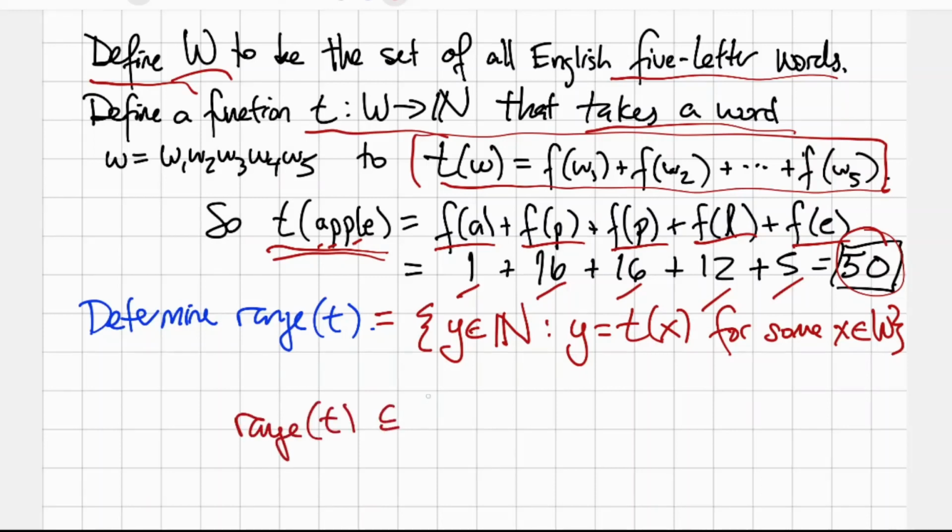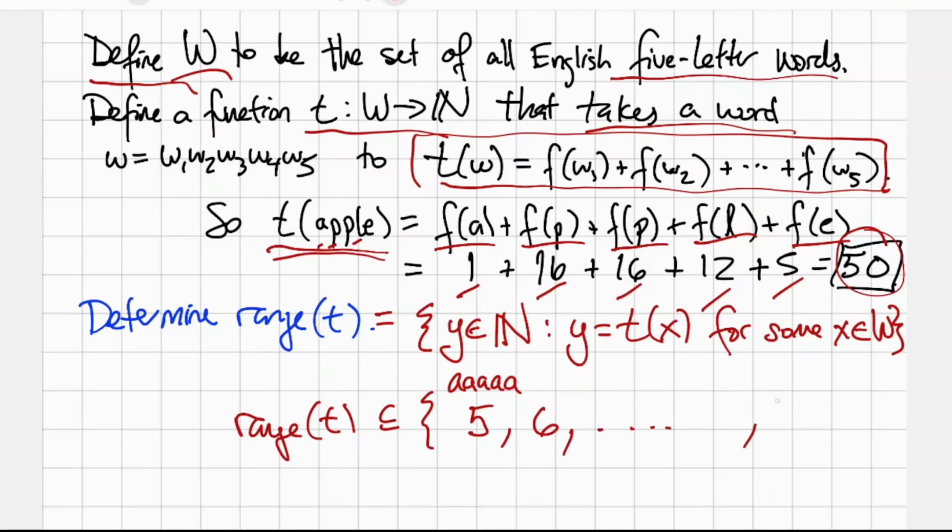is going to be some subset of the lowest value would be if we had 5 A's. I don't know if this qualifies as an English word, but in that case this would be 5. And then if we had a B in there, we would have a sum of 6.